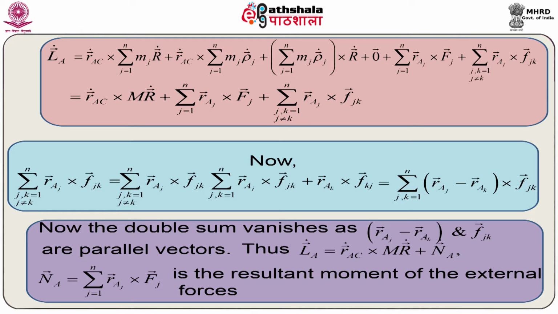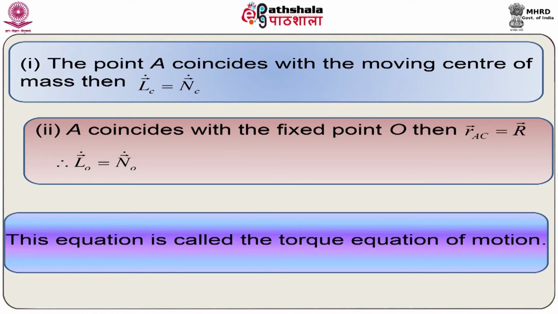We now consider 2 interesting cases. Number 1, in the event the point capital A coincides with the moving center of mass C, then we have, instead of A, we have replaced A by C, then we get the result in terms of suffix C, that is LC vector dot equal to NC vector.